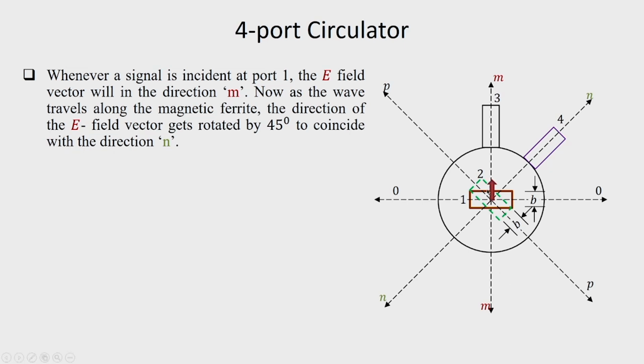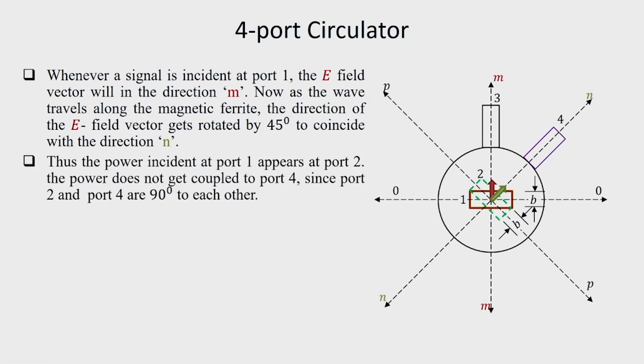So, this is the E field vector. Now, as the wave travels along the magnetic ferrite, the direction of the E field vector gets rotated by 45 degrees and it coincides with n, and therefore, the power incident at port 1 will now appear at port 2.